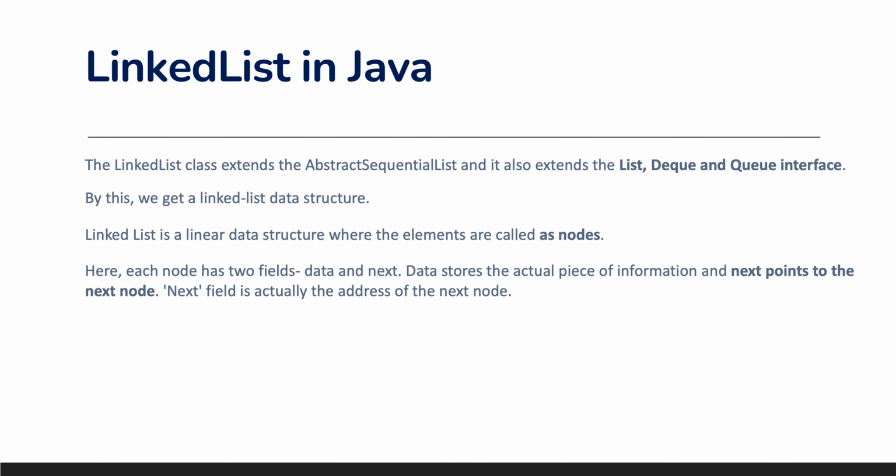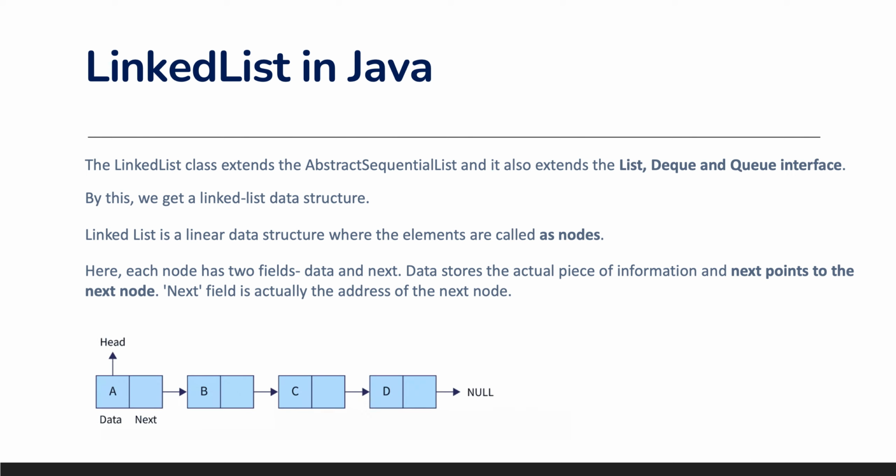Okay, basically each node has two fields, one is data and the other is next. So data stores the actual piece of information and next is nothing but the pointer that is going to store the address of the next node. So it will look something like this.